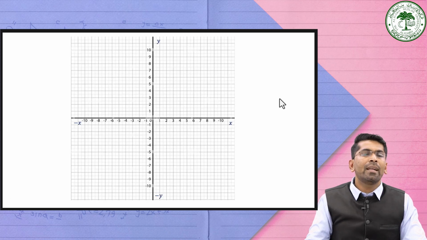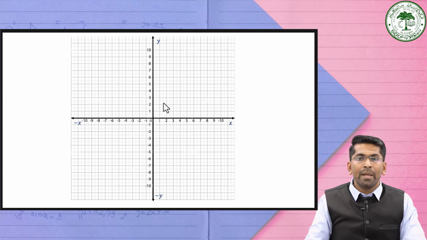We have a Cartesian space given here. First we will draw the Cartesian space. This is the Cartesian space. How many quadrants do we have? We have a Cartesian space with 4 quadrants: quadrant 1, 2, 3, 4.